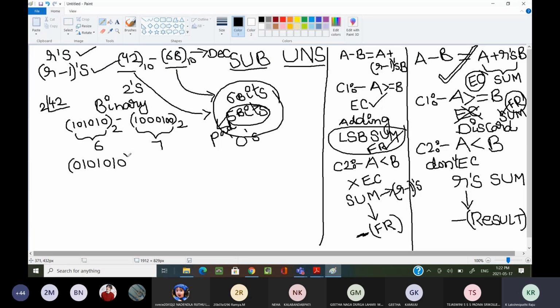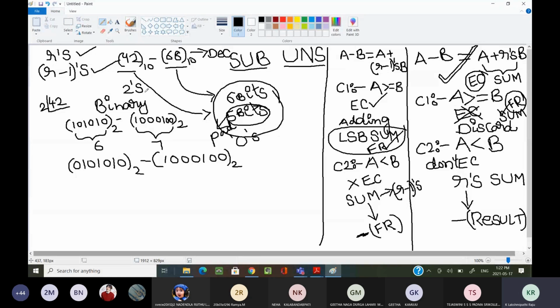Now this is my first number, or my minuend, 0101010, and the second number, or my subtrahend, is 1000100. Now what do we have to do? What is he asking? 2's complement subtraction.